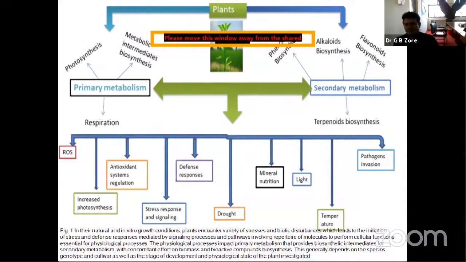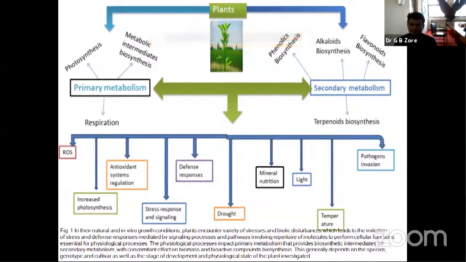And what types of secondary metabolites do we know so far? Basically, there are three groups of secondary metabolites: nitrogen-containing alkaloids; phenolics, which include flavonoids and other phenol-containing molecules; and terpenes and terpenoids, the molecules responsible for the flavor and fragrance of aromatic plants.